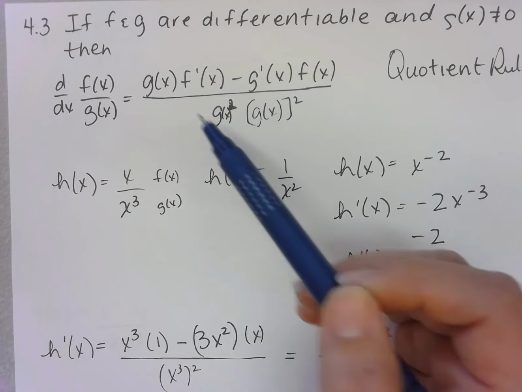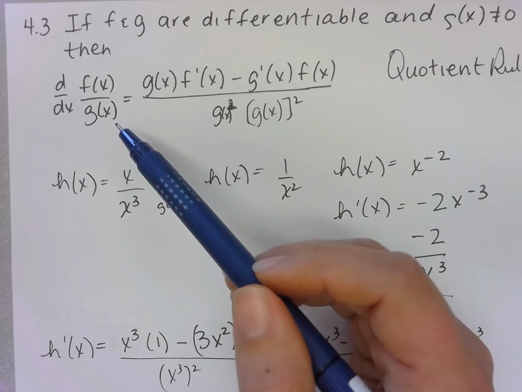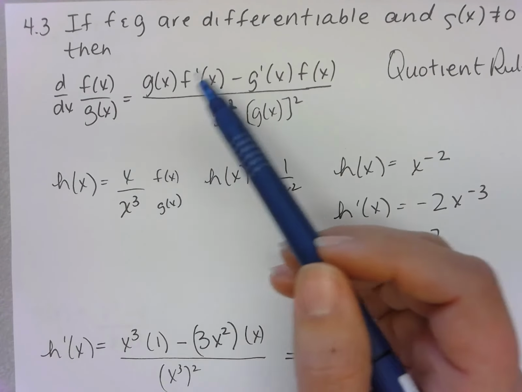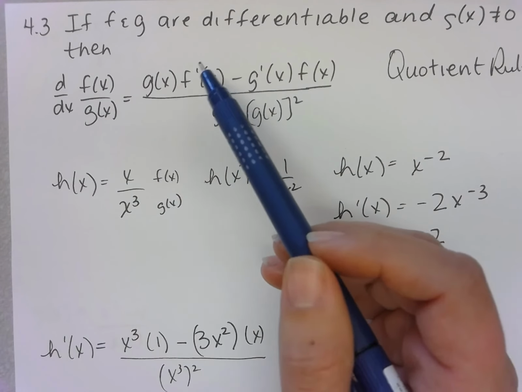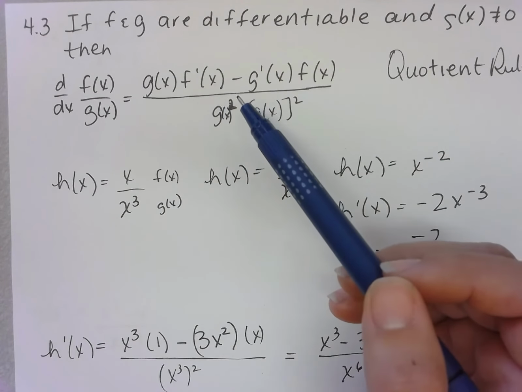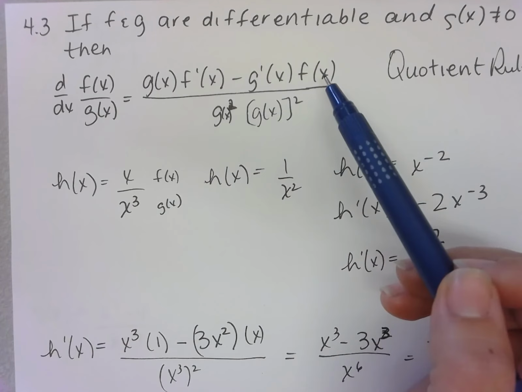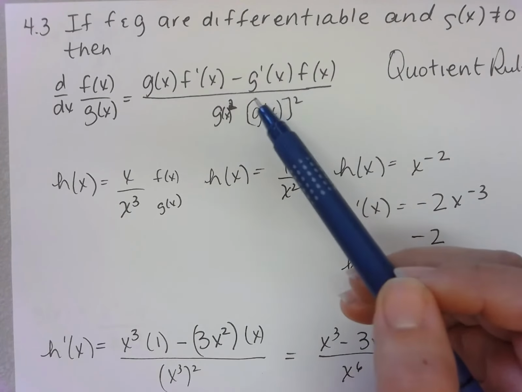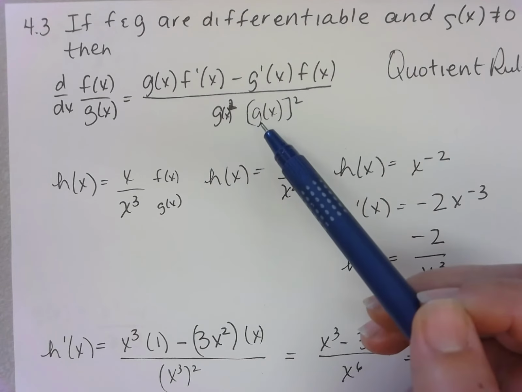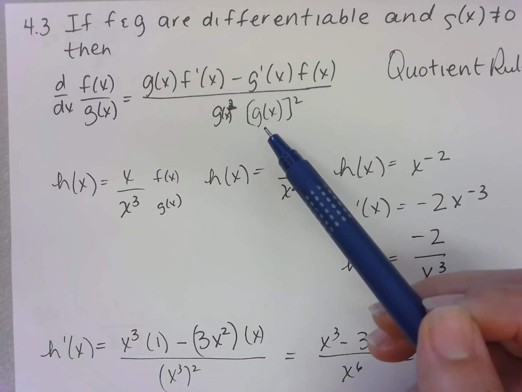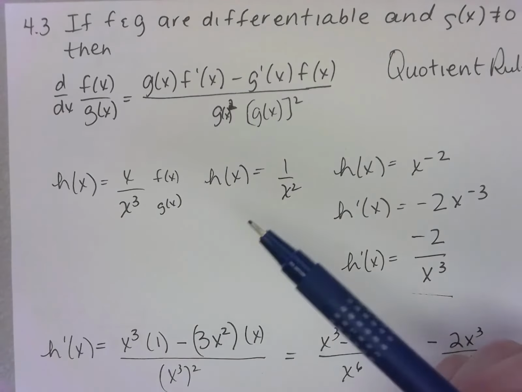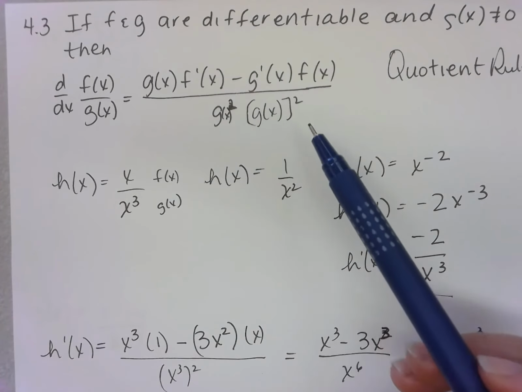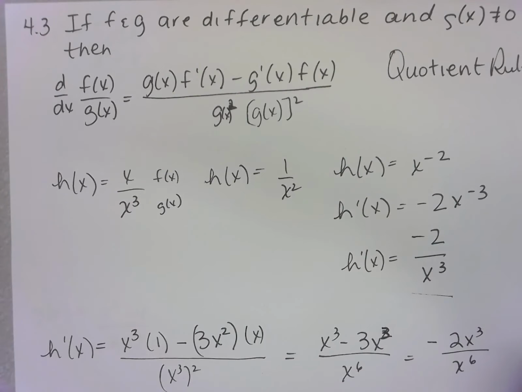If you think of f being the high function and g being the low function, then some people say low d high, meaning the derivative of the high function, minus high d low, the derivative of the low function, over low squared. I kind of remember it in terms of g, it sort of looks like g 1 2. However you want to remember it, just remember it.